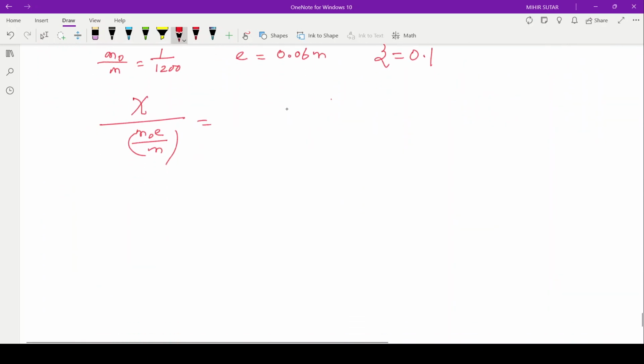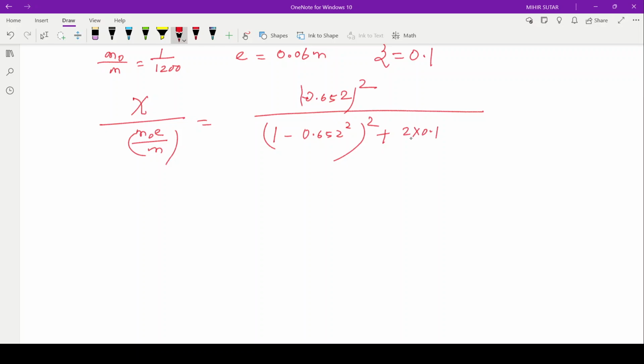is equal to 0.652, okay, the square, that is omega by omega n square divided by square root of 1 minus omega by omega n square whole square plus 2 zeta omega by omega n square. Okay, so 2 into 0.1, that is 2 zeta into omega by omega n, this is 0.652 square root over.